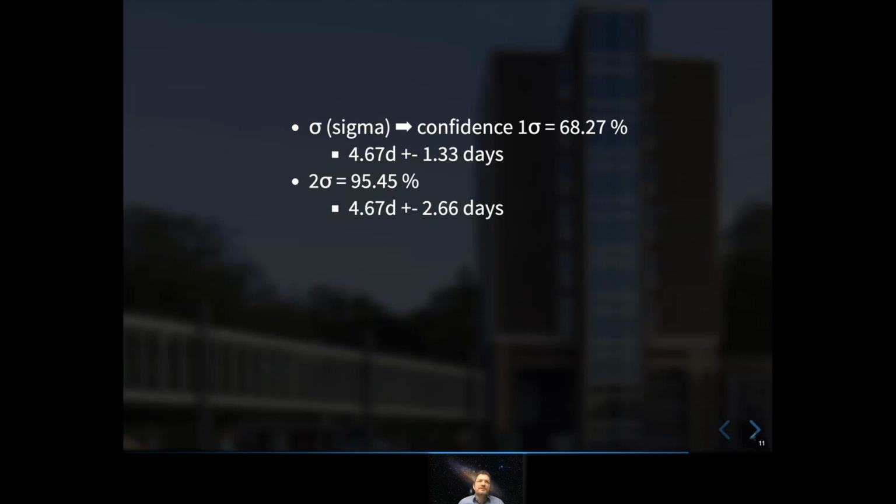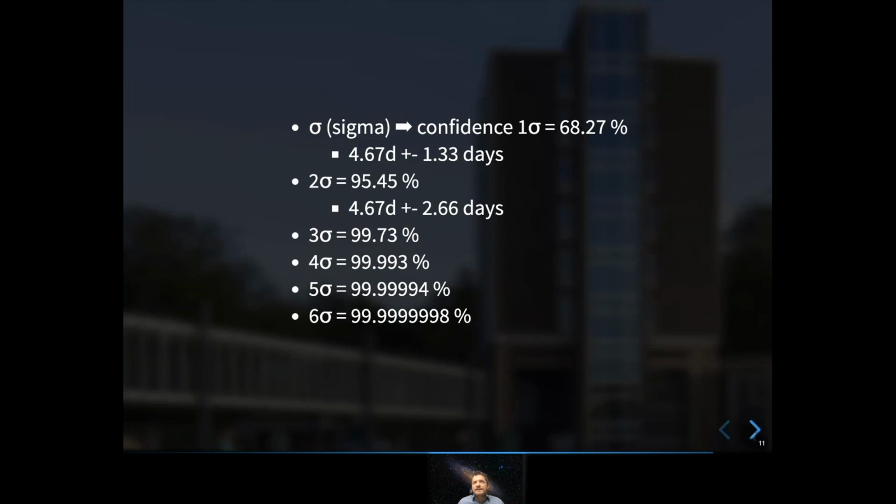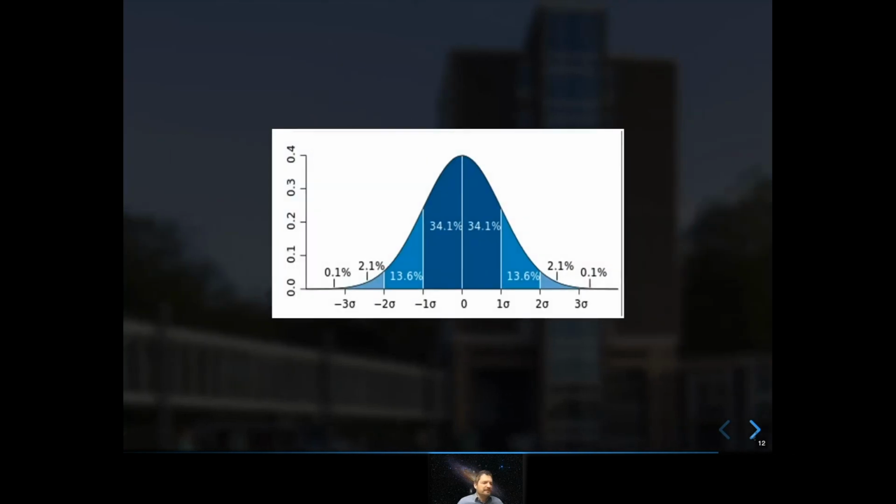You can do it even more with 3 sigma, 4 sigma, 5 sigma, and you see then it gets into the million or billion, but also the range gets broader. Okay. Let's have a look quickly at the distribution curve, so that maybe gives you an idea of how it looks.